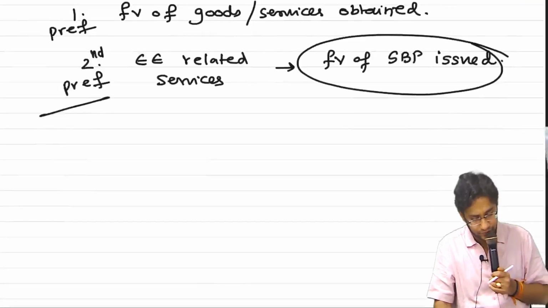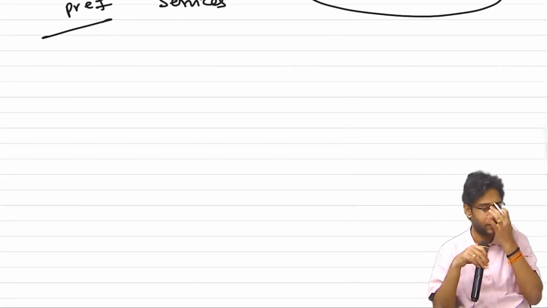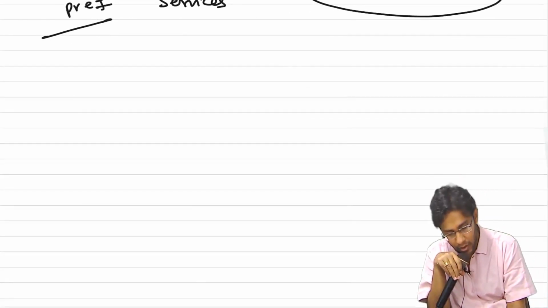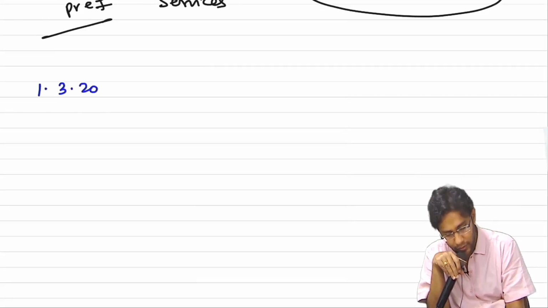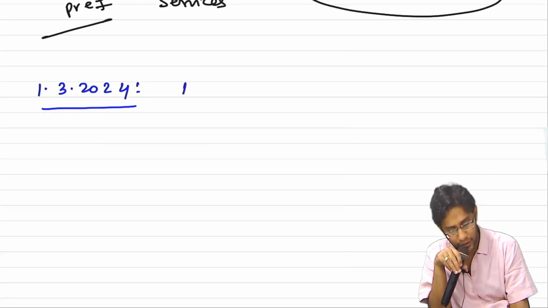So, let's take an example. On 1st March 2024, we purchased a machinery whose fair value is 10 lakhs.